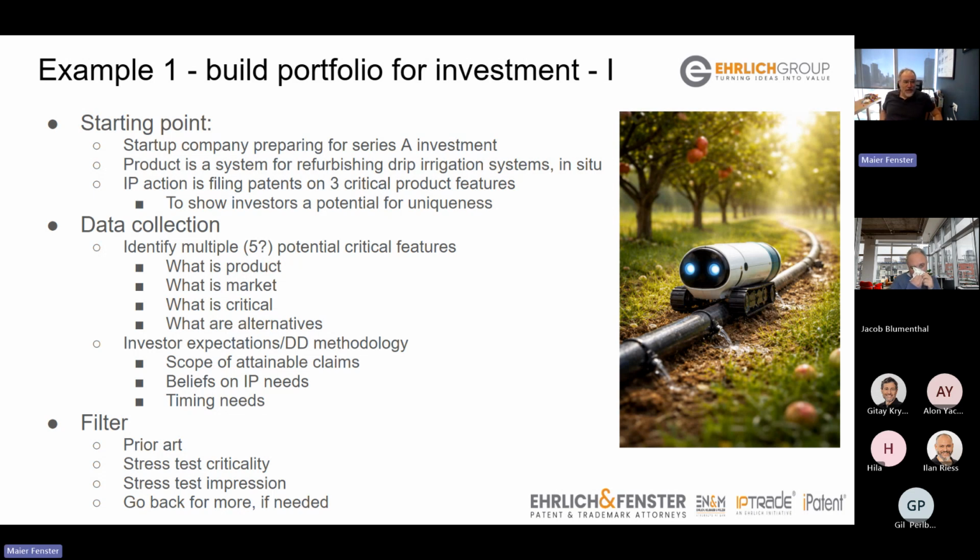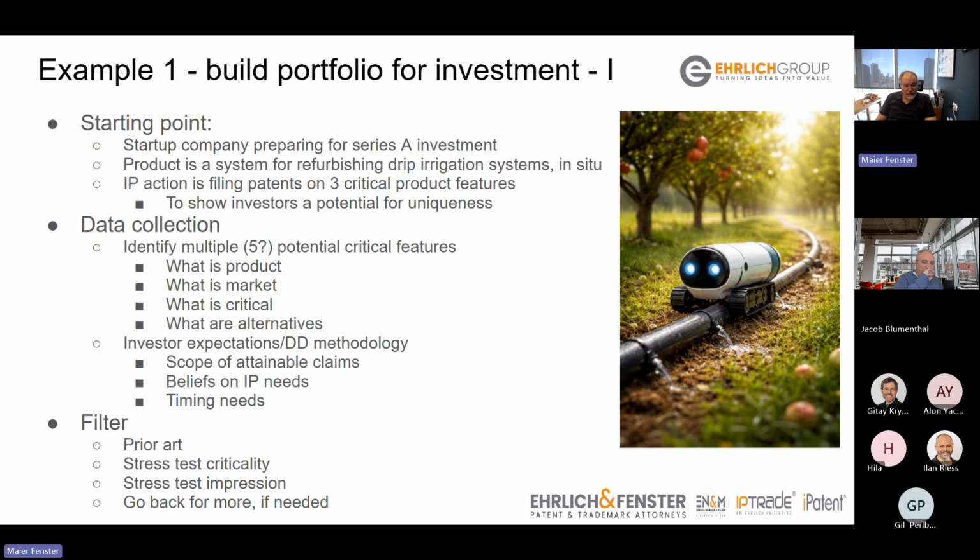And in order to do that, we need to be sure that we know what is the product, what is the market, what is critical about the intersection of the product and market, what are the alternatives people can use, because if they have an alternative, then you might be critical, you might be unique, but you're not going to be valuable. We're doing all of this in order to make an impression on investors. So what do the investors expect? What due diligence methodology are they going to be using, for example?